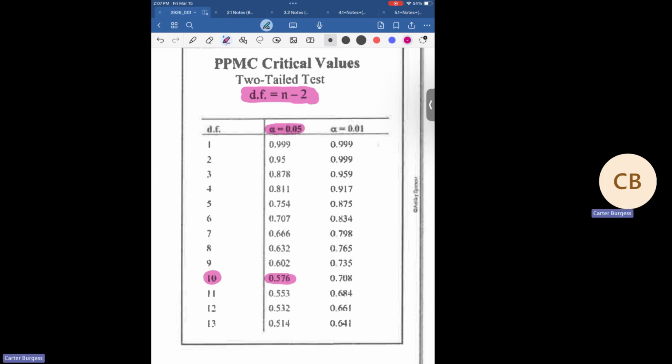If we got an R value of exactly 0.576, I actually don't know if you fail or succeed on exactly that point, but the likelihood of getting exactly that value is so small that it's not even worth talking about. You're probably going to get something either weaker or stronger than this.